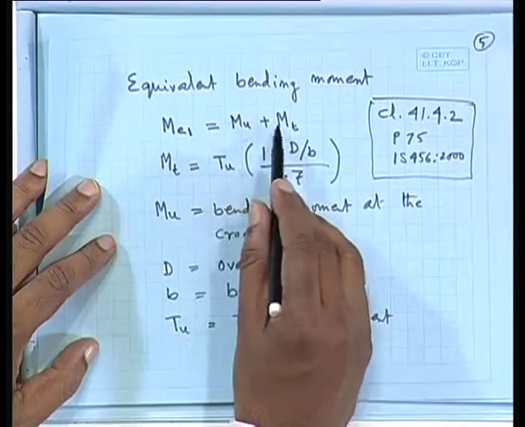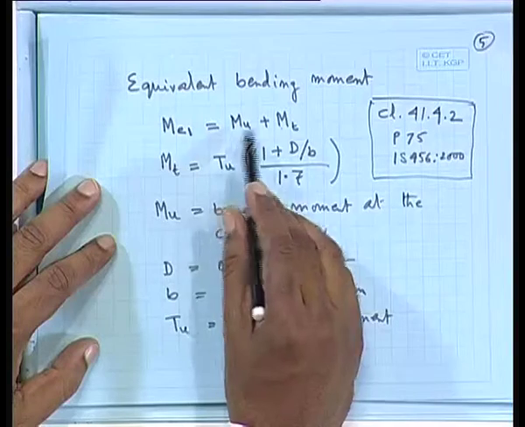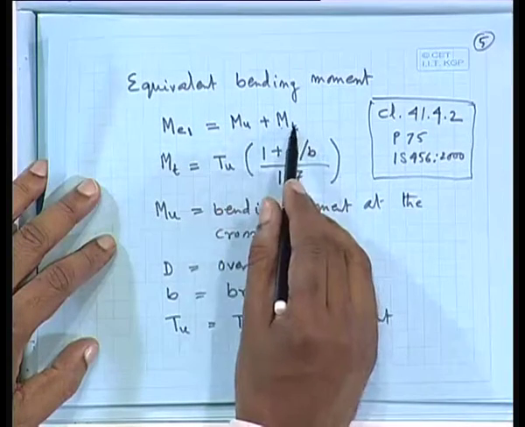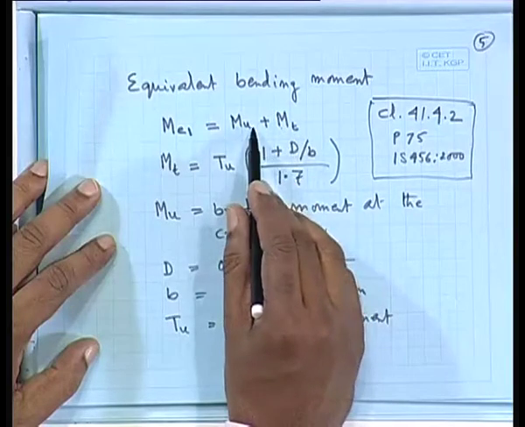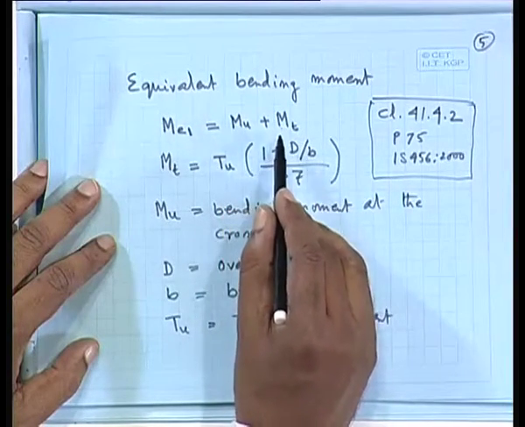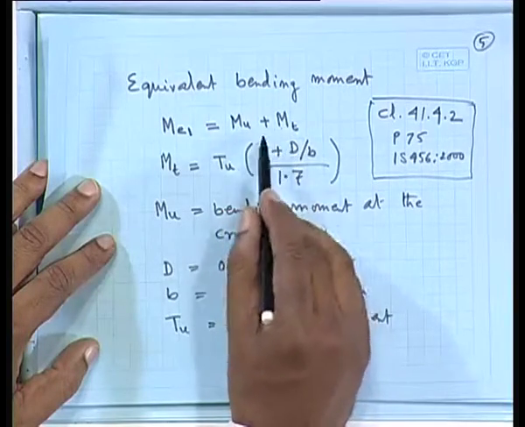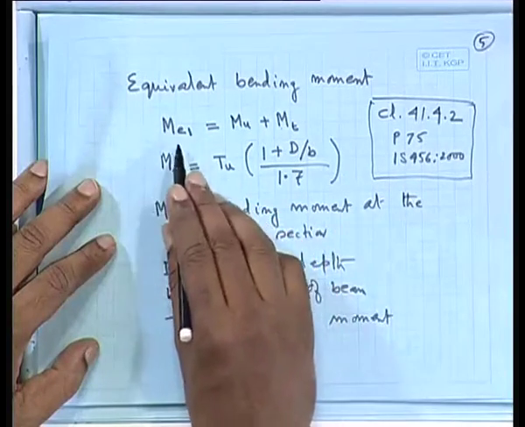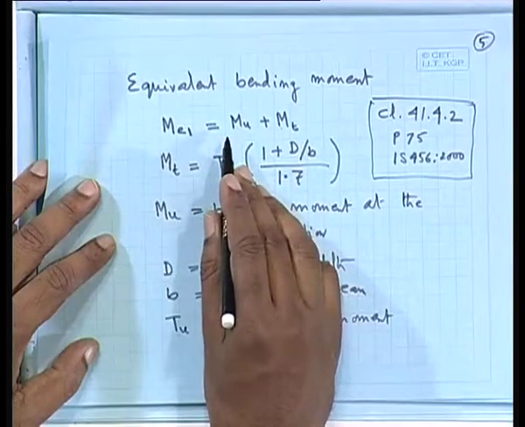Now in another case it is possible that Mt is greater than Mu. When Mt is greater than Mu, then we have to provide reinforcement at the top, and the moment for that will be Mt minus Mu. That is another case, Me2 equal to Mt minus Mu.